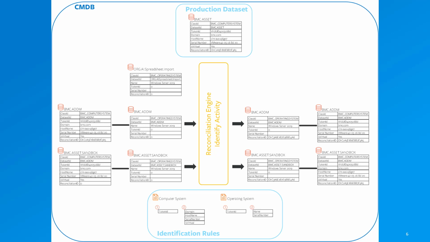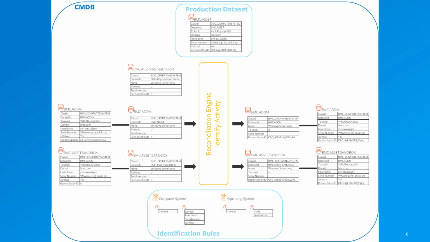Since it has not been reconciled yet, it does not have a reconciliation ID. In the example, only the operating system is imported. It has no parent relationships to another CI, which usually would be a computer system. It also does not have a token ID, which is used by Discovery, and doesn't have a truly unique name or serial number.